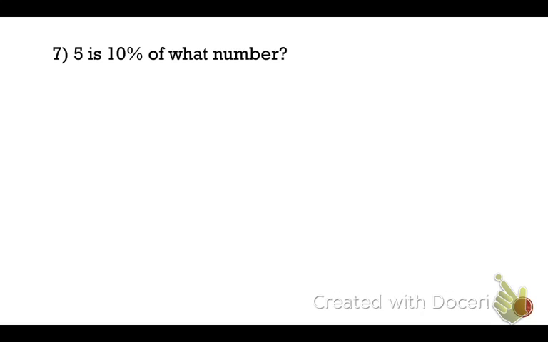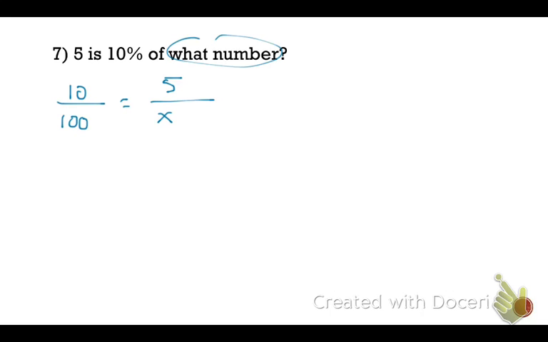All right, number 7. 5 is 10% of what number? So again, we do know our percentage now, so we can just set that up. And then 5 is 10% of, so of, we don't know the total now, so that's where we'll place our x.